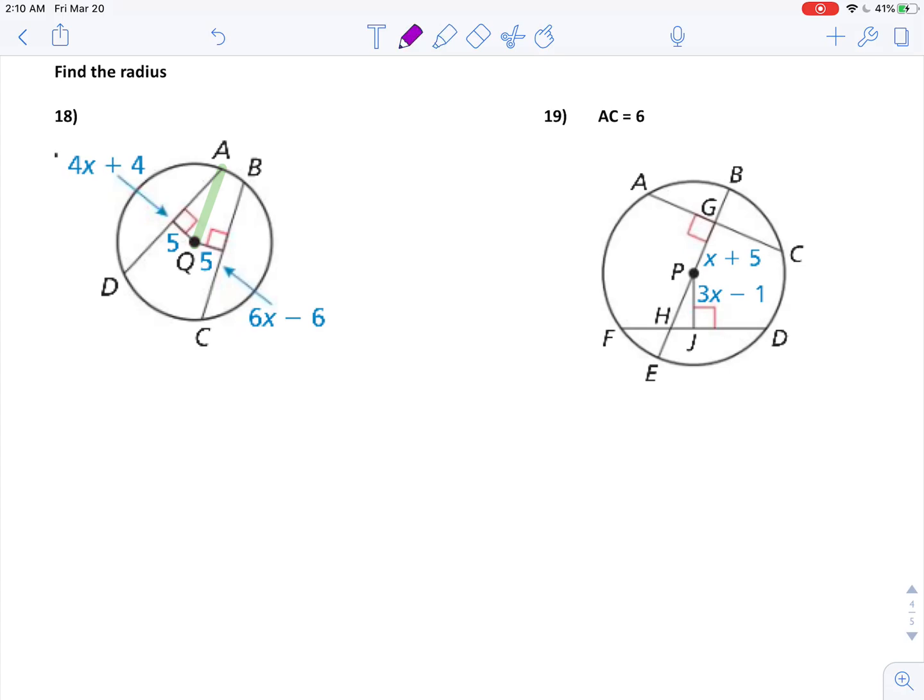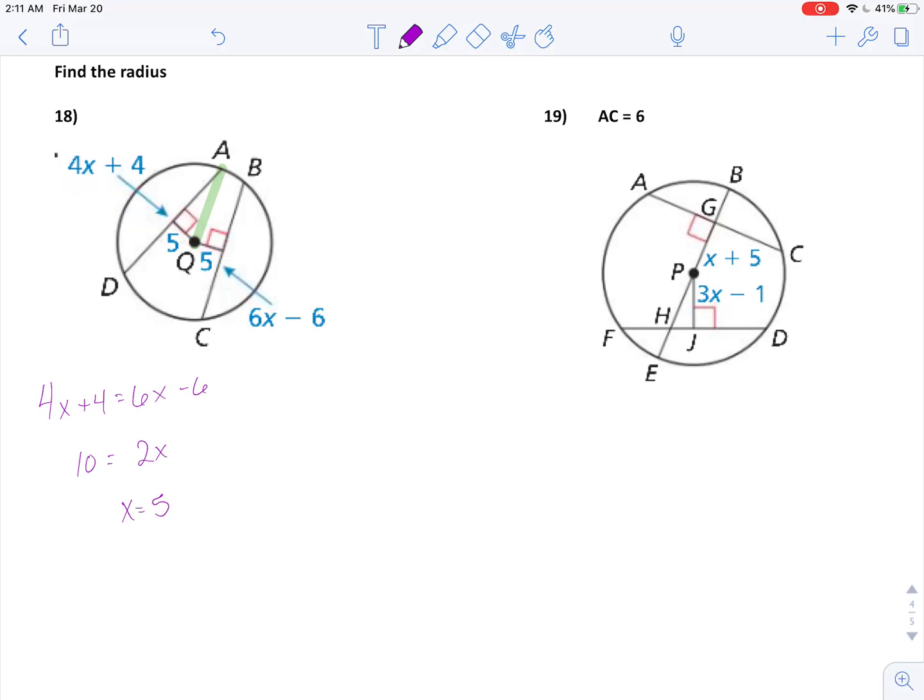All right, so I've got 5 and 5, so that's cool. Eventually I want to find the radius. But if they're equidistant from the center, then I know these must be congruent. So these must be equal expressions.